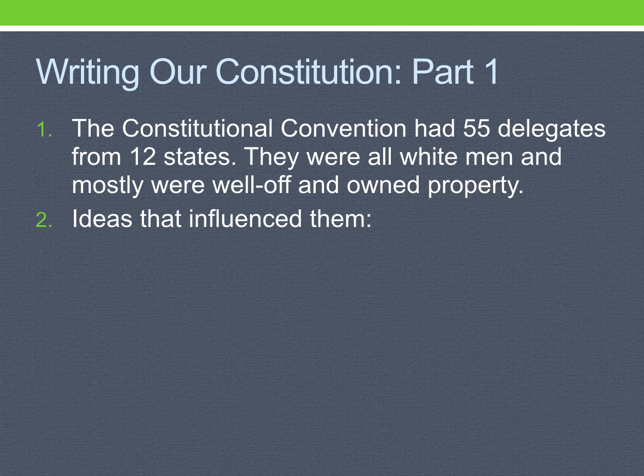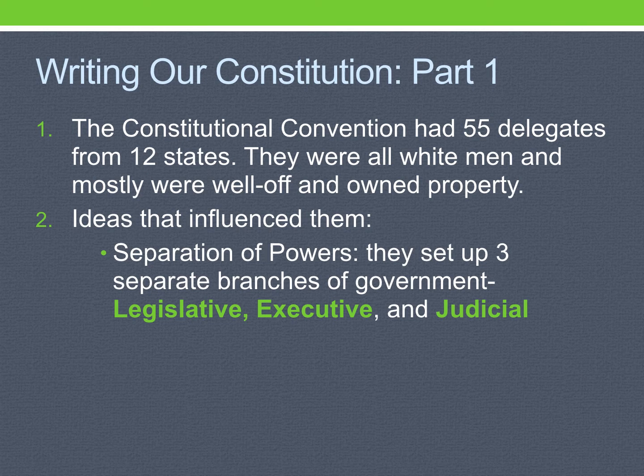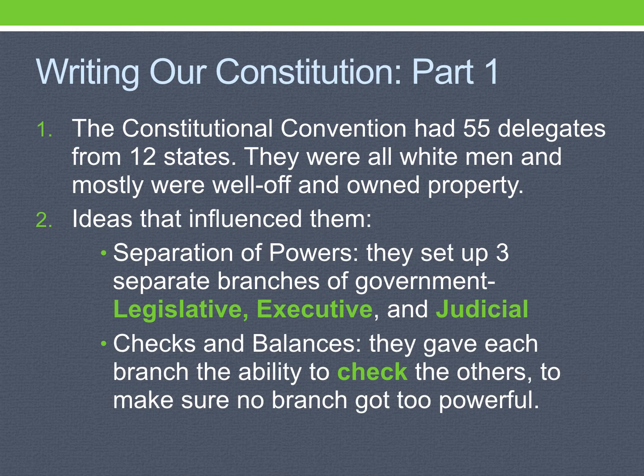A couple important ideas that influenced the delegates to the Constitutional Convention. Separation of powers. This was the idea that powers should be split up into three branches of government: a legislative, executive, and judicial branch. And checks and balances.